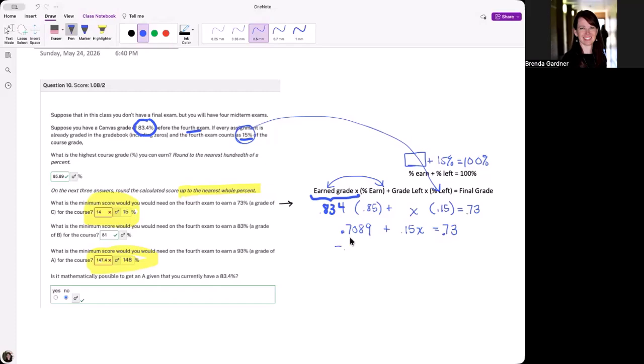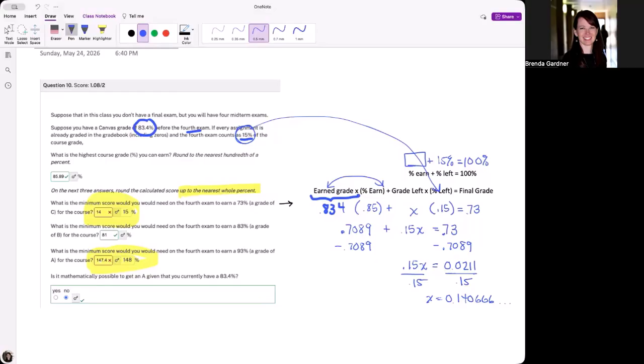I'm going to subtract the 0.73 minus 0.7089, and we get 0.0211. Divide that by my 0.15, and I get x equals 0.140666, and that 6 keeps repeating.